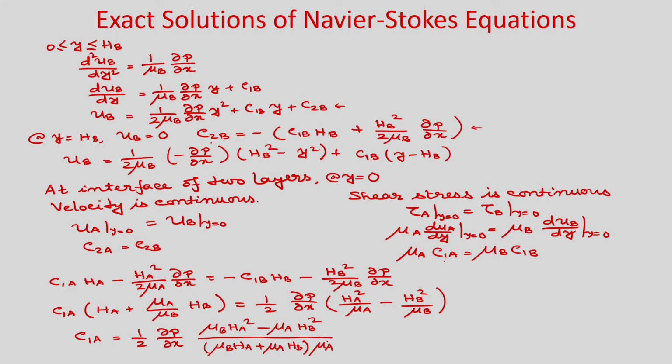Okay. Similarly, you can see from this expression you can write the C 1 b, because C 1 b is equal to mu a by mu b into C 1 a. Okay.